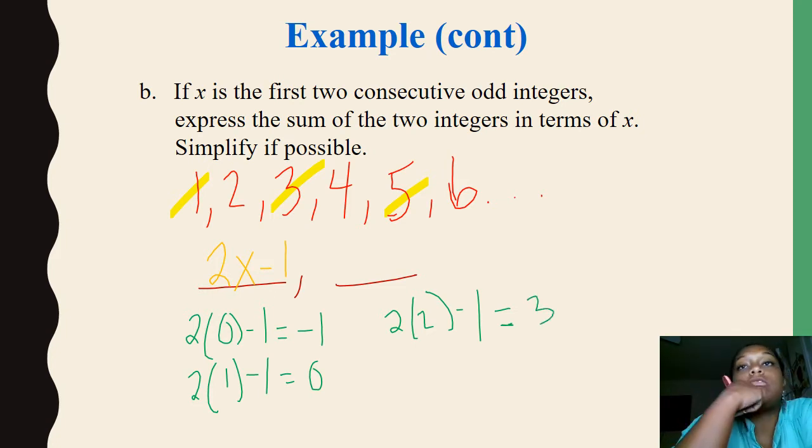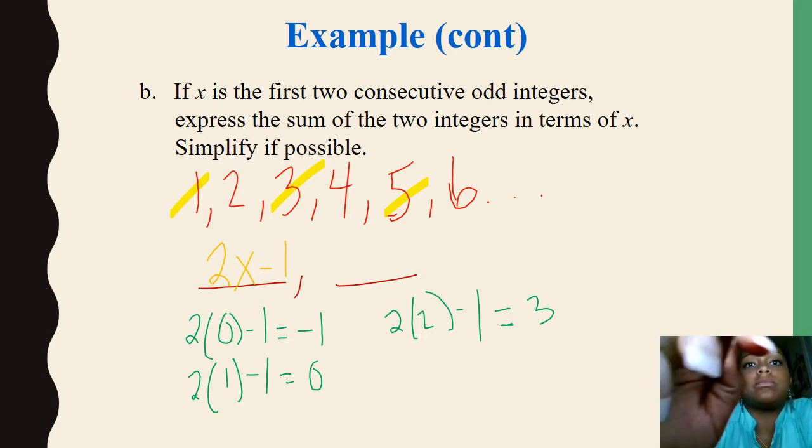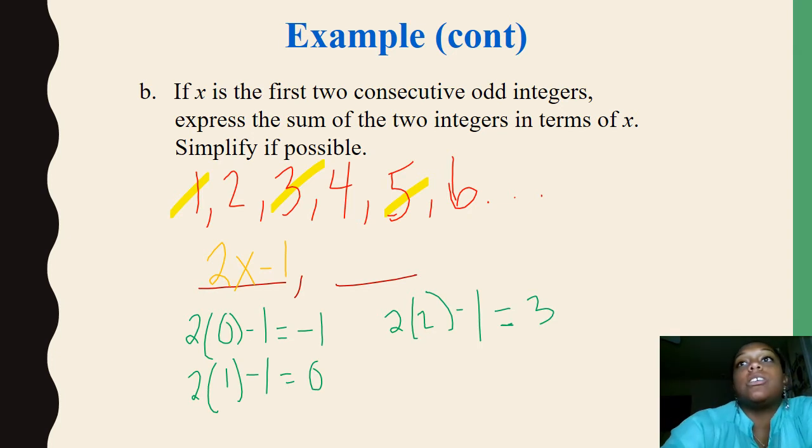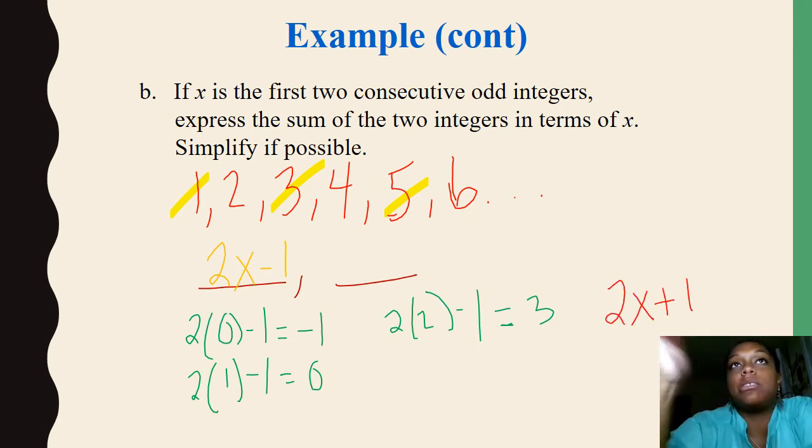So that could work. Now, in the same token, could I do 2x plus 1 and still get the same results? Well, let's see.